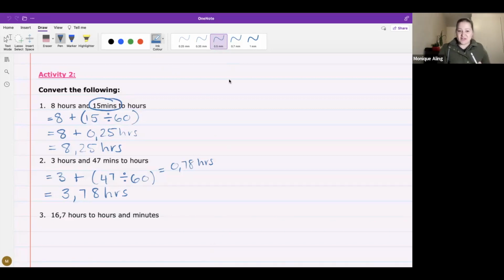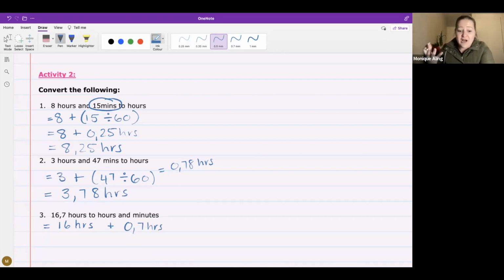Okay, so let's have a look at question 3. We've got 16.7 hours. We want that to be converted into hours and minutes. So we can see that we've got 16 full hours. So I'm going to leave the 16 hours as is. However, if I take the 16 hours out of that, I am left with 0.7 hours.